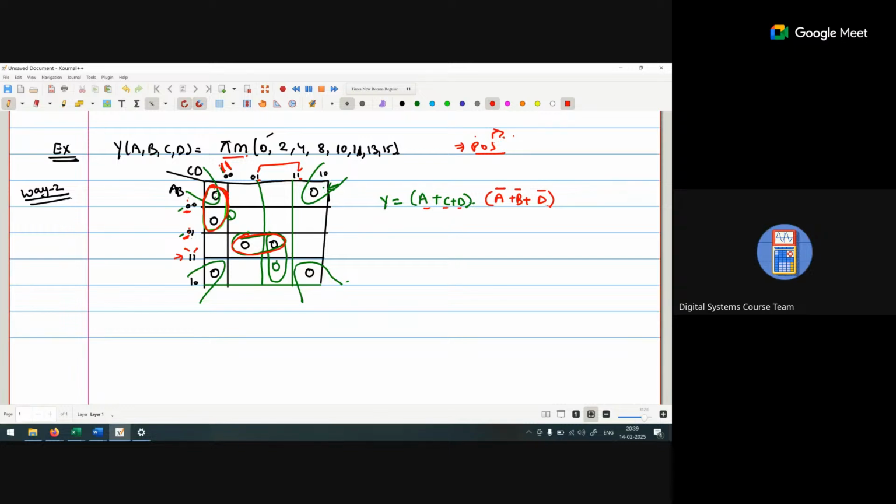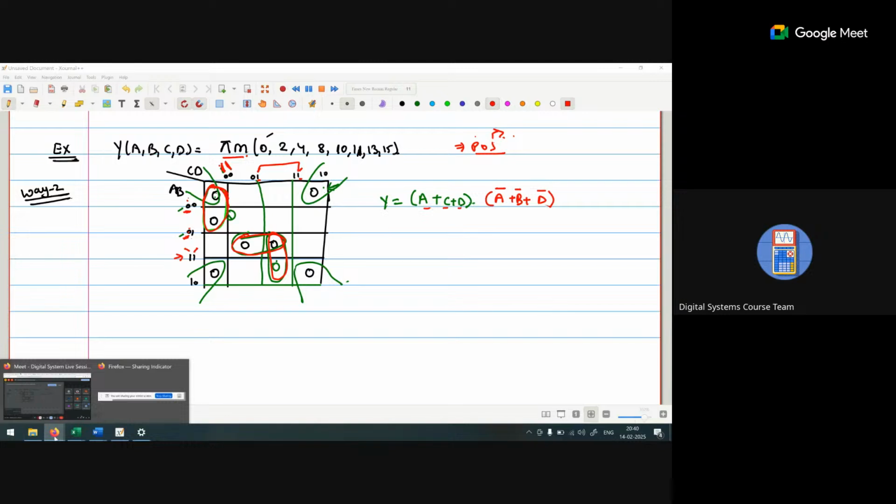Okay, now we go to the next group. So I'm considering this group. Can you tell me what is the equation of this one? Yes, what is the equation of this one?